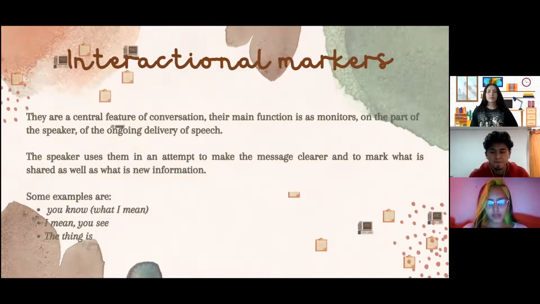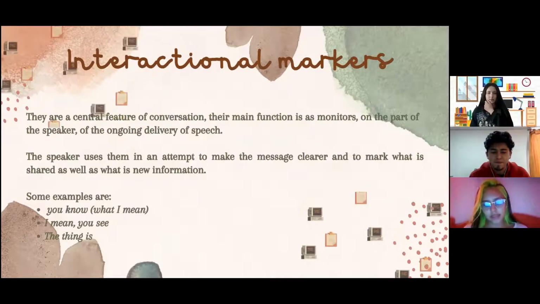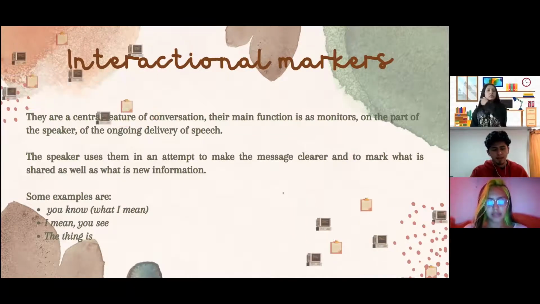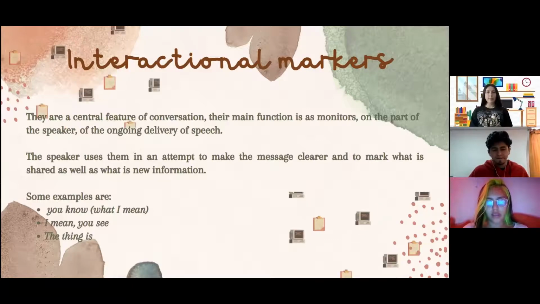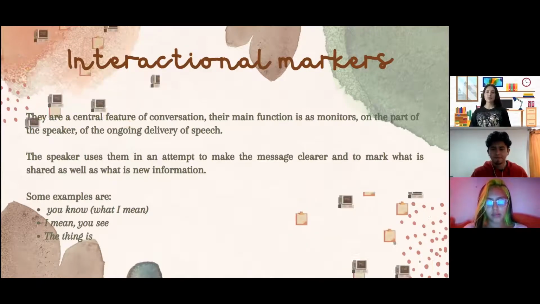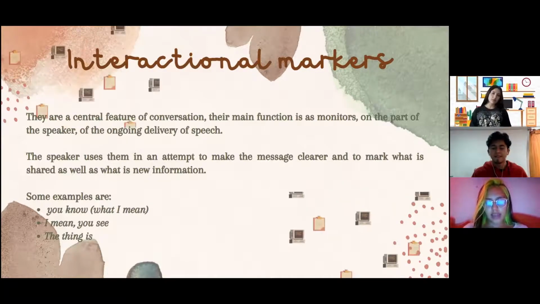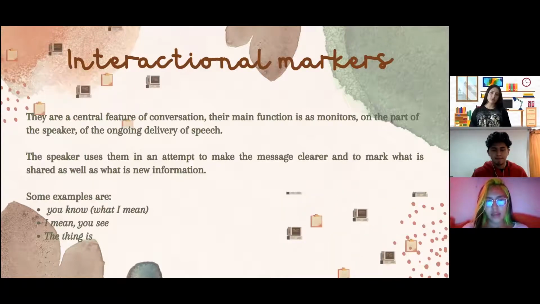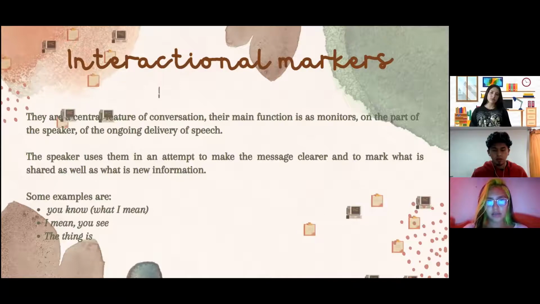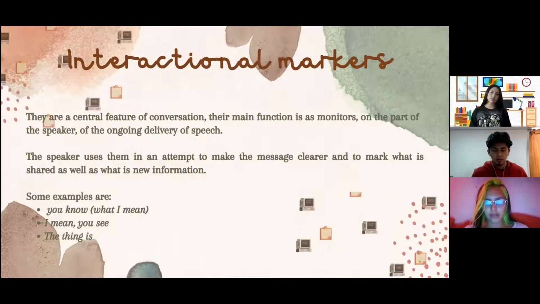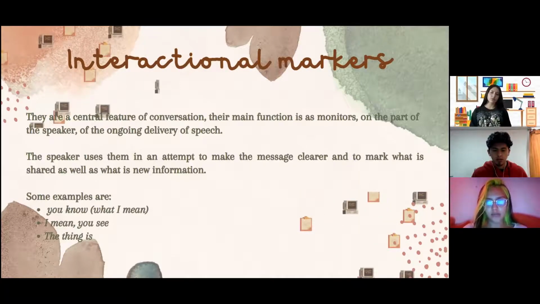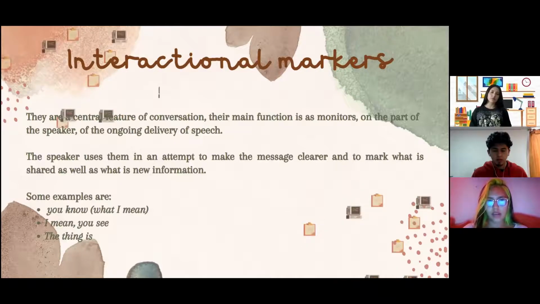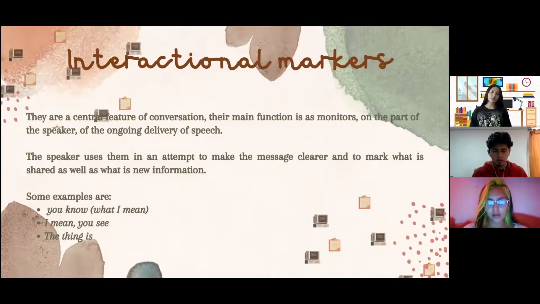Okay, now we have interactional markers. This is to make the conversation more interactive and to know what the other people say and if the other people understand me. They are the central feature of the conversation. Their main function is monitoring, on the part of the speaker, the ongoing delivery of the speech.